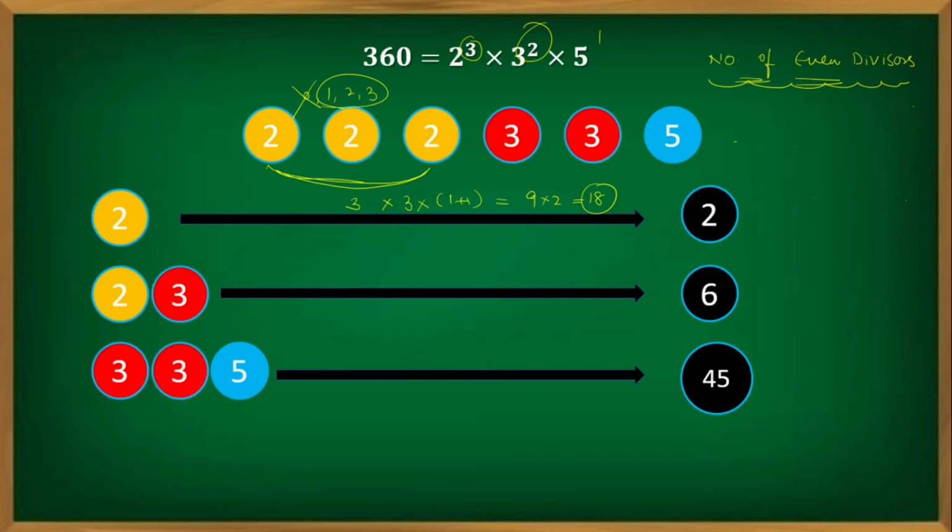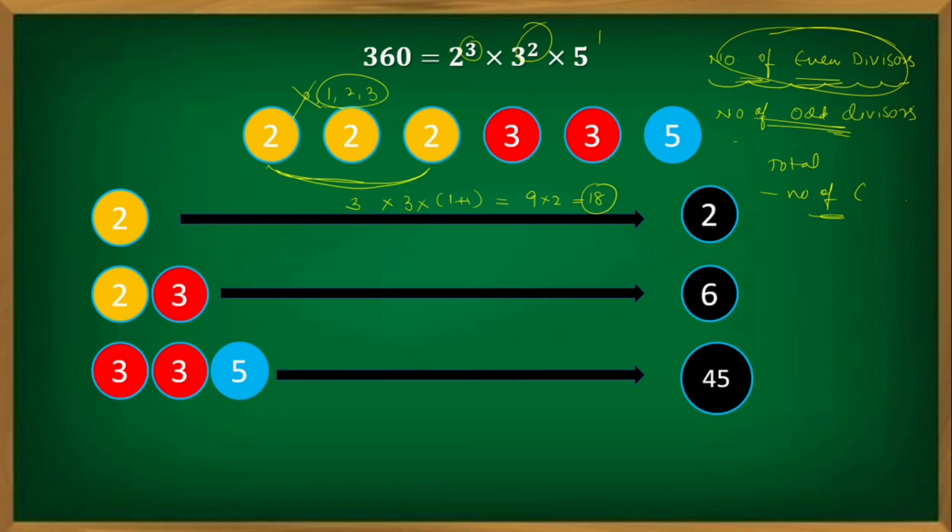Now the next thing is, how many odd divisors are there? If I ask you this question, it can be done in two ways. One is the total number of divisors minus the number of even divisors. If you do that, obviously you are going to get the number of odd divisors.